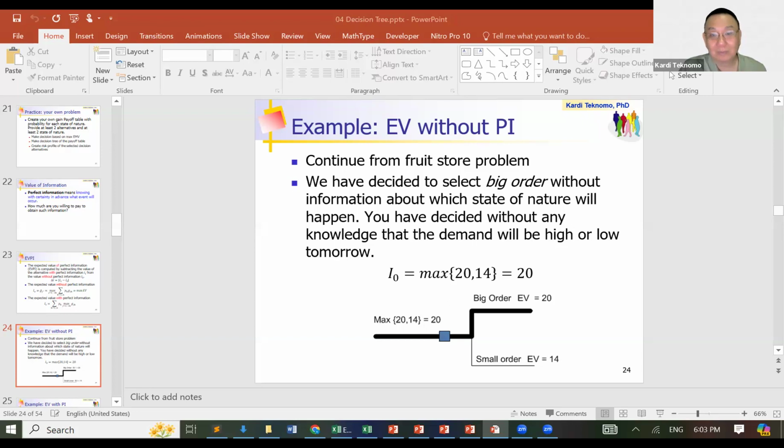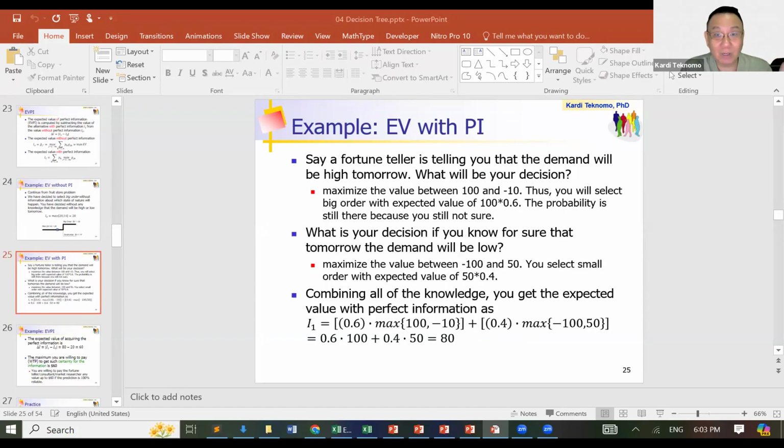You have decided without any knowledge whether the demand will be high or low tomorrow. So this is called expected value without perfect information. How about the expected value with perfect information? Say a fortune teller tells you that the demand will be high tomorrow.